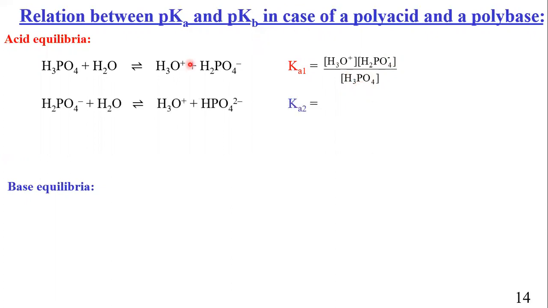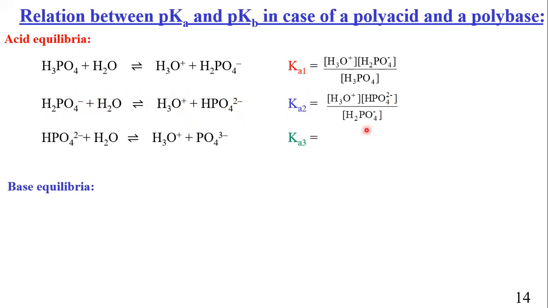Again, now the H2PO4 minus can also donate a proton to the water, and it ends up losing this proton and becomes HPO4 minus, producing H3O plus. Now we get Ka2, also products divided by reactants, and this moves on.